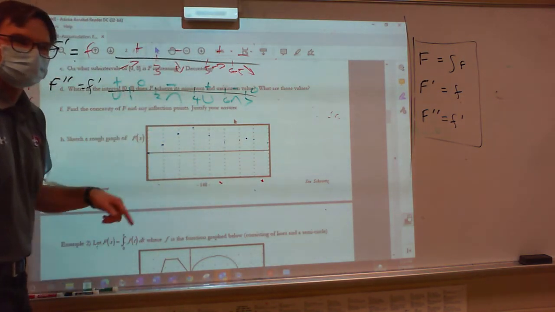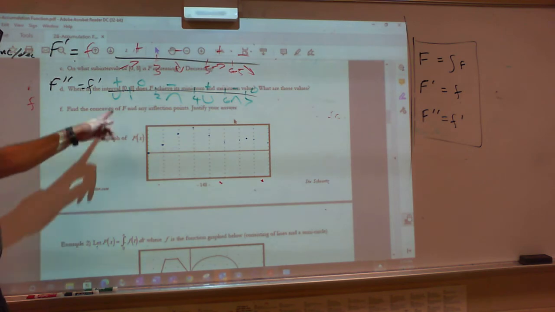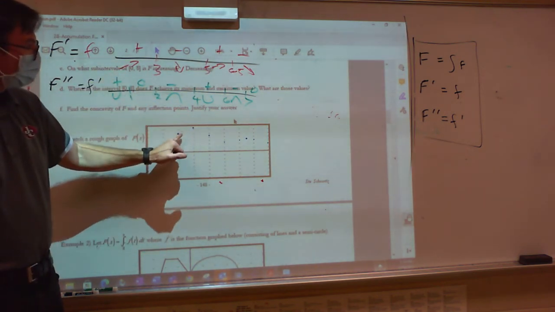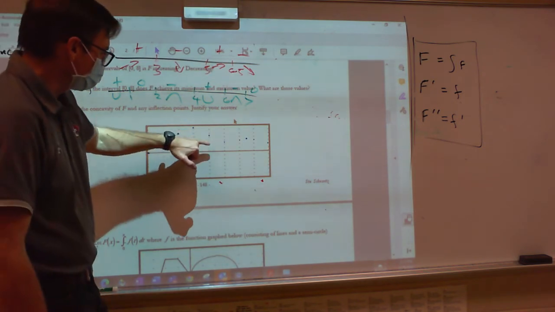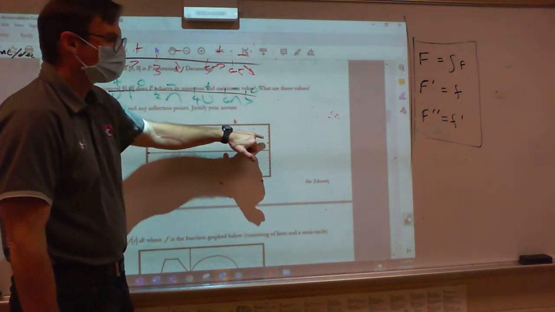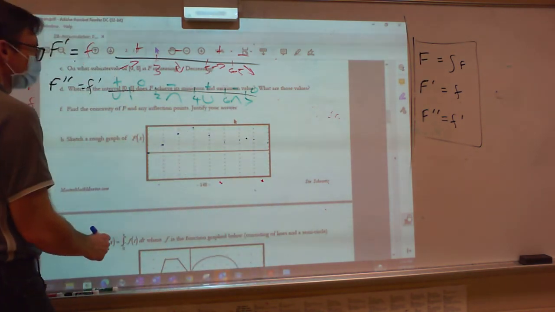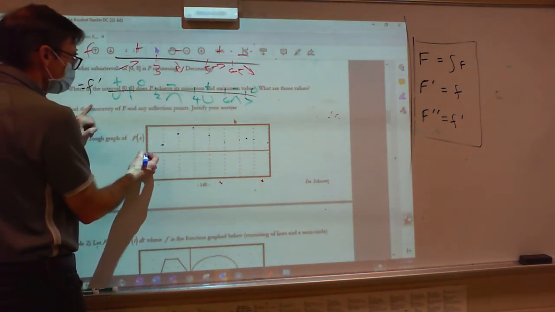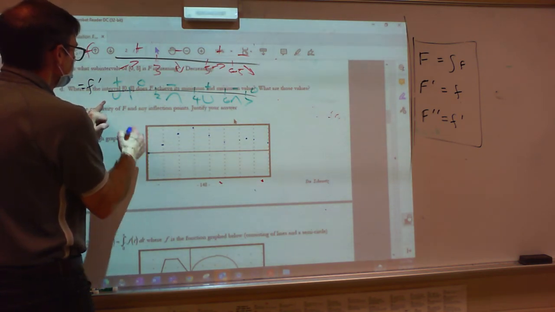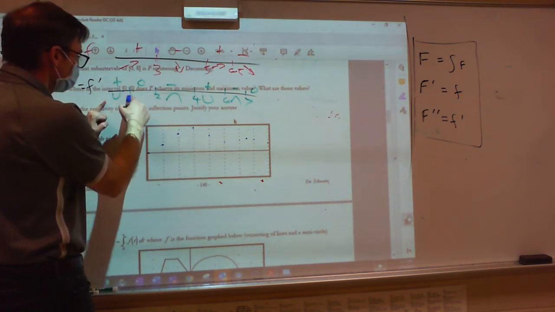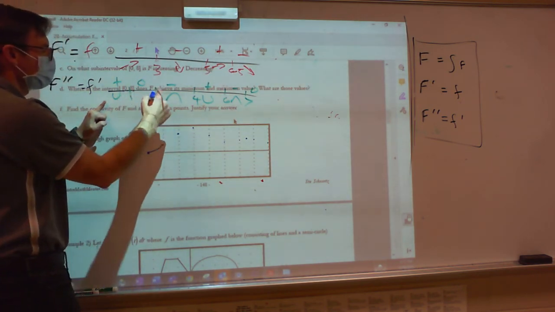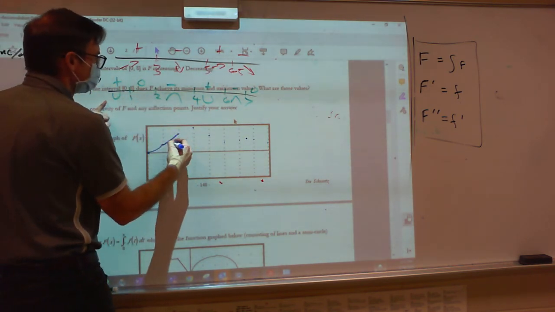Now, let's see if I can draw this. It's increasing up to 3. It looks like it's decreasing down to 5. Then it increases up to 6, right? And then I have to draw this. Oh Lord, how do I draw this? From 0 to 1, it's concave up. I can do that. 0 concavity means it's flat.